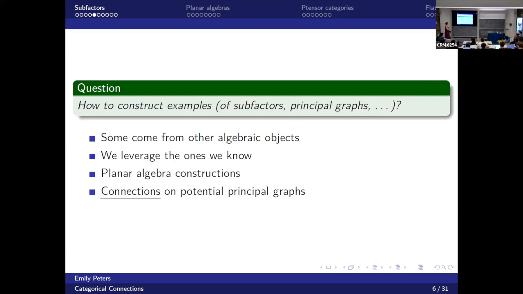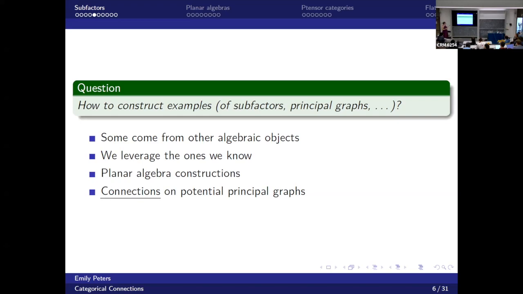There are also constructions that make use of quantum groups, for instance. So there are ways to see more of the classical world here. The other thing that people did is take the subfactors we know and really shake them and see what else falls out. Just get as much as we can out of the things we already have our hands on. And I'm not really going to be talking about this today, but one of the things that I've worked on is planar algebra constructions of subfactors.